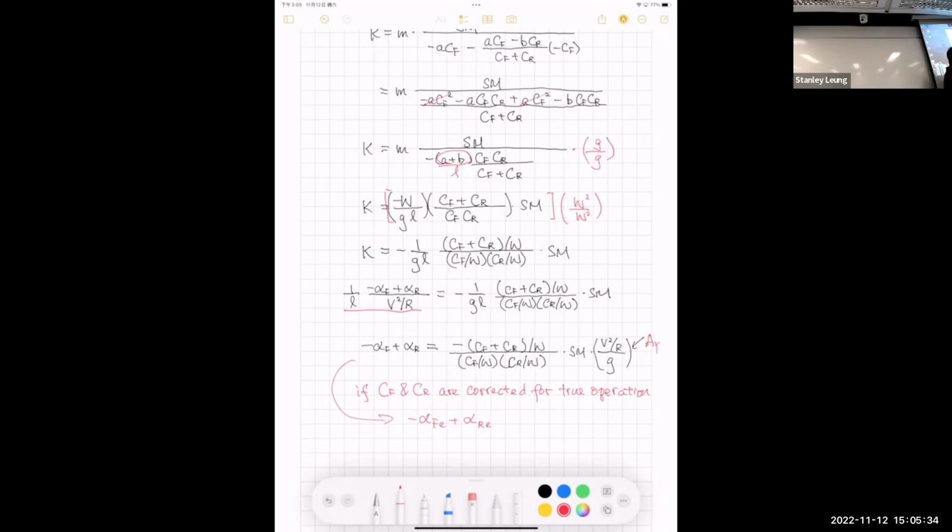Rather than these things only depending on the geometry, if you already have suspension effect, when you measure the CF and CL, because this is something you can get from testing, then you can adjust this to become your realistic slip angle. So actually the whole term is just the slip steering.